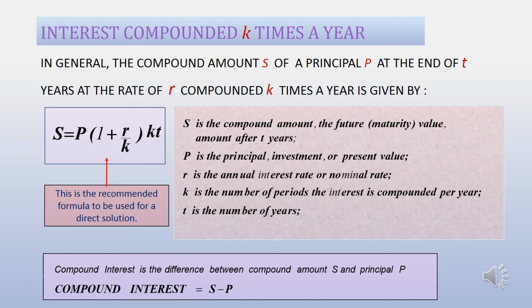We can rely on this formula to solve future problems. Now, we calculate the compound interest. Compound interest is the difference between the compound amount S and the principal P. So, compound interest is equal to S minus P.